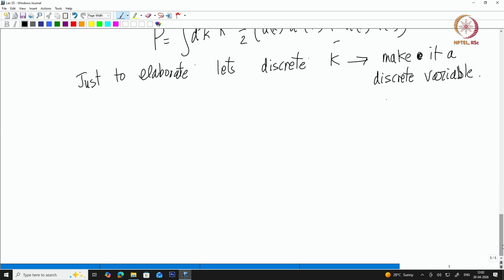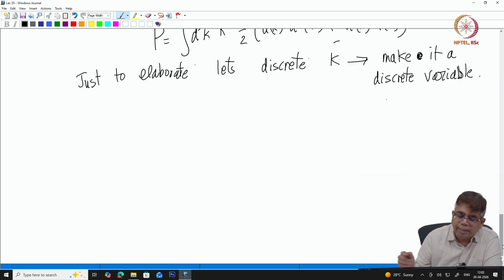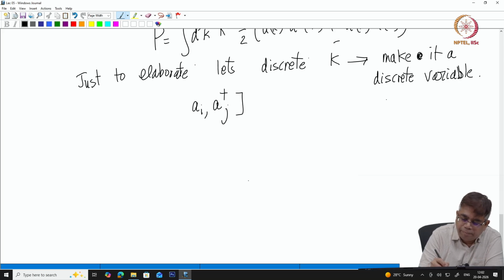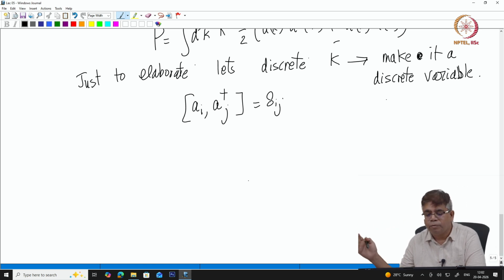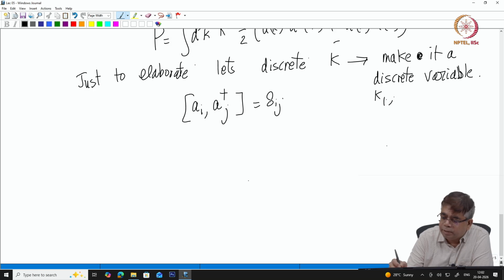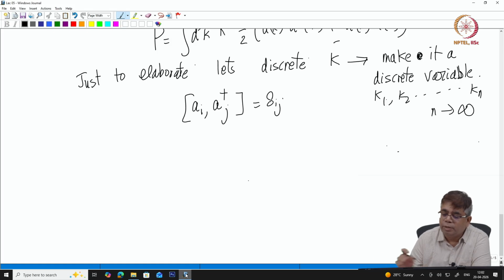I will come to that in a minute, we can do more about it. In that case the commutation relations become a_i, a_j dagger equals delta ij. So instead of each k you have k1, k2, k3, k4, up to kn, with n tending to infinity. In that case you can remove the k and call them a1, a2, a3, a4 and so on.